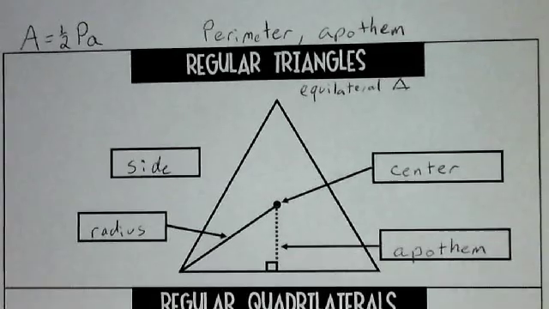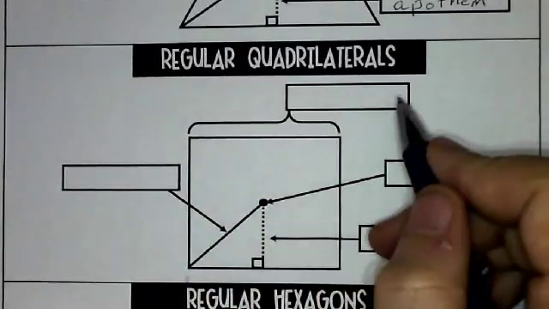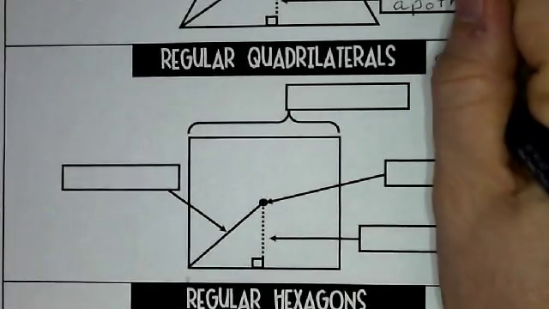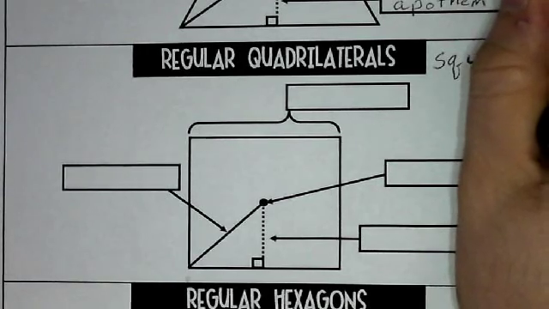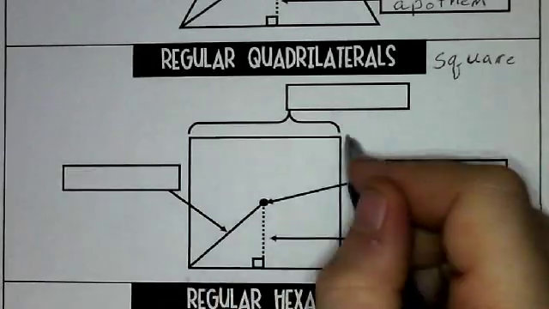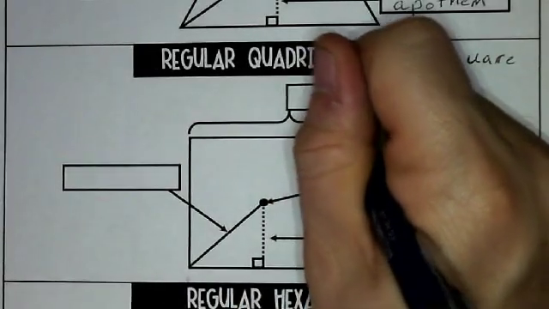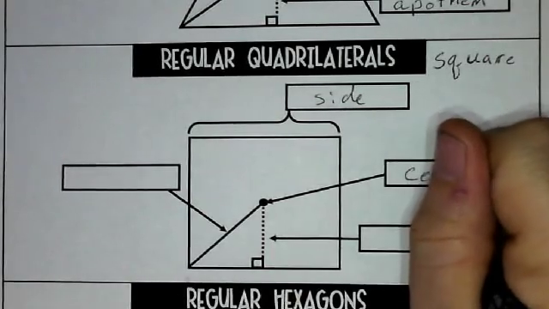Let's go ahead and identify these pieces on our other shapes. So here I have a regular quadrilateral, otherwise known as a square. This top portion that's marked out, that's our side. The center is still our center.